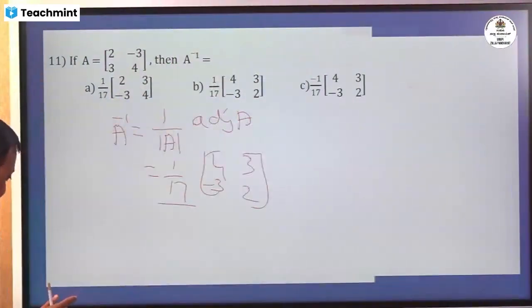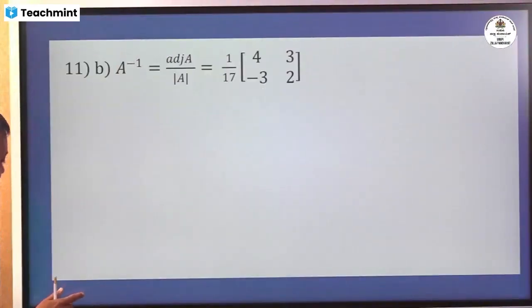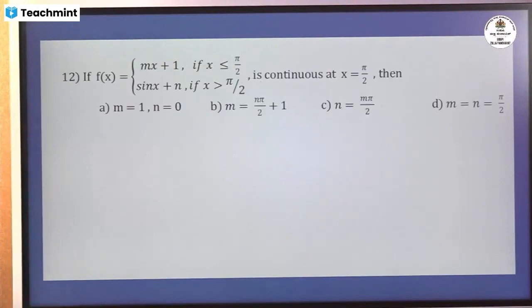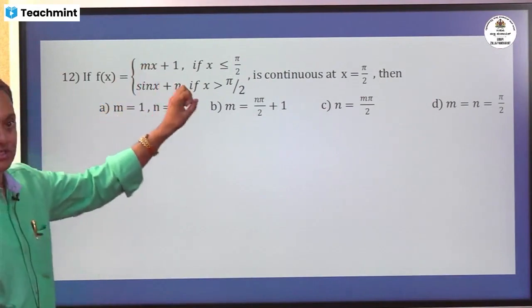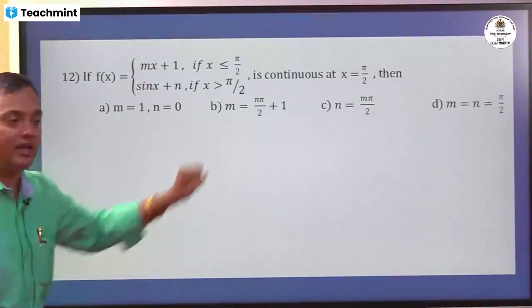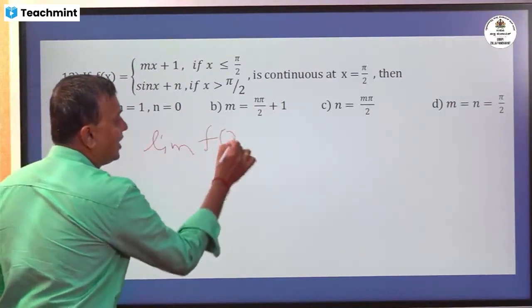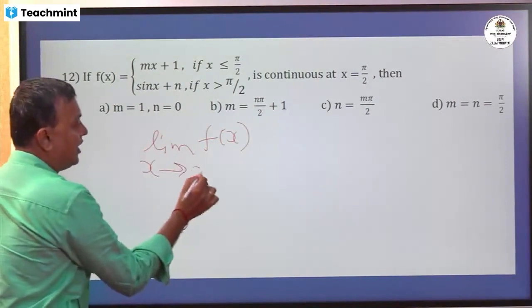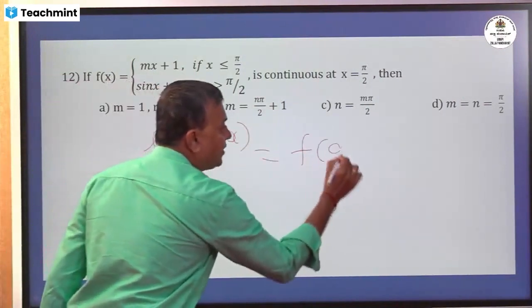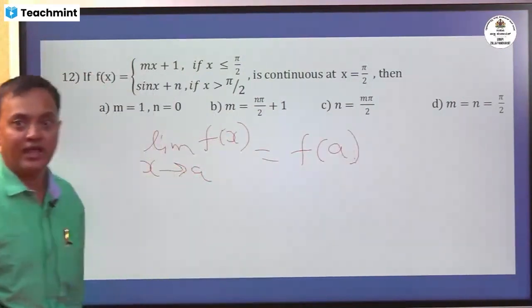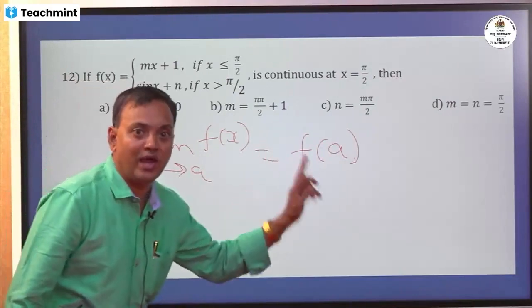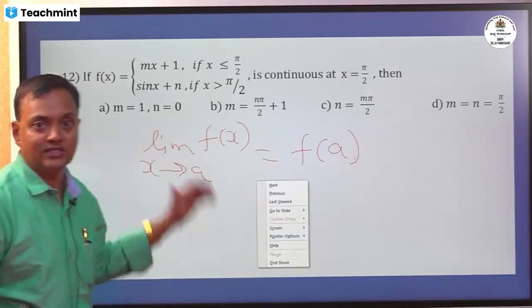Next question. If f of x is continuous at x equal to pi by 2, this function is continuous. What is the definition of continuity? Limit of f of x as x tends to a is equal to the value of the function at x equal to a. If the limit of the function is equal to the value of the function, then the function is continuous.